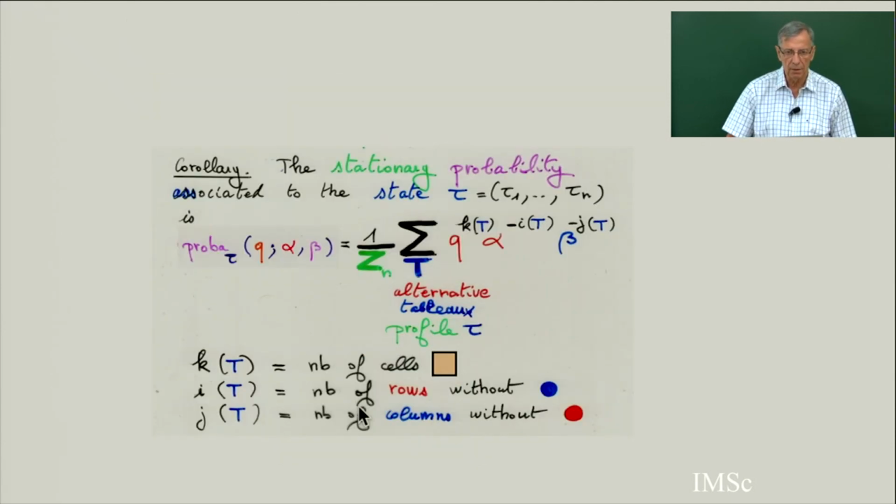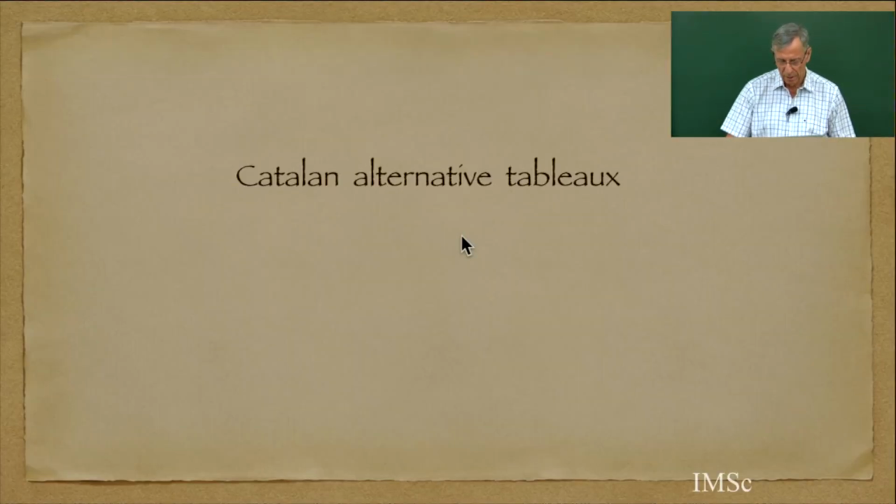And in that case, the alternative tableaux are going to become Catalan alternative tableaux. So in that case, the stationary probability for the TASEP is exactly the same, but with q equals 0. So you just delete the q here. And the interpretation is with Catalan alternative tableaux.